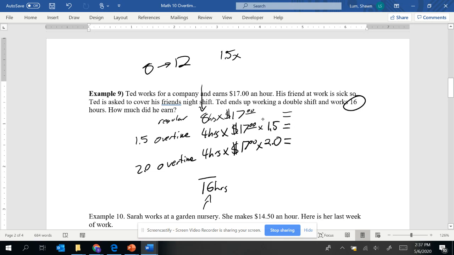So now we're going to calculate his regular pay. So I'm just going to go 8 times 17. That's 136. Okay. And 0 cents, I guess. And now I'm going to go 4 times 17 times 1.5 equals, that's 102. And for the last one, 4 times 17 times 2 equals, and this is also 136.